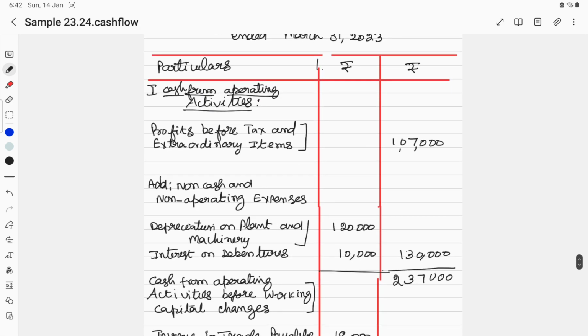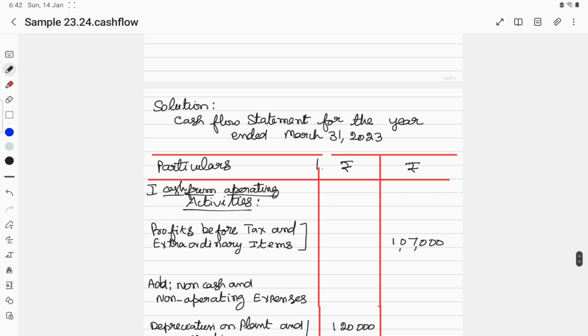Solution. Cash flow statement for the year ended 31st March 2023. First, cash from operating activities. Here, first we start from profits before tax and extraordinary items, 1,07,000.